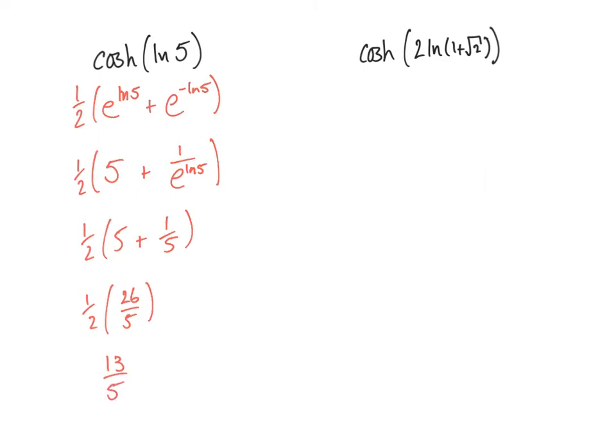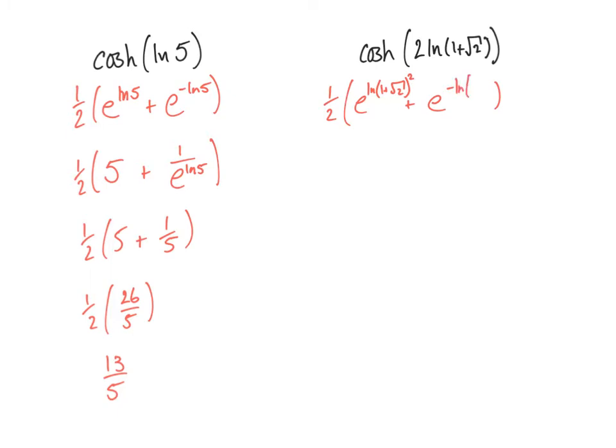A slightly harder one over here, but we're going to do it in the same sort of fashion. I know that the cosh of x is equal to a half of e to the power of whatever this might be, plus e to the power of minus whatever this might be. Now, because this is a log function, instead of 2 log of 1 plus root 2, I'm just going to write it as the log of 1 plus root 2 all squared. That's using my laws of logs.